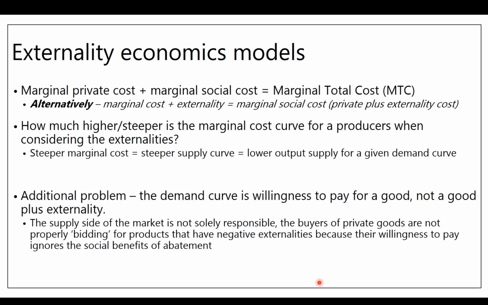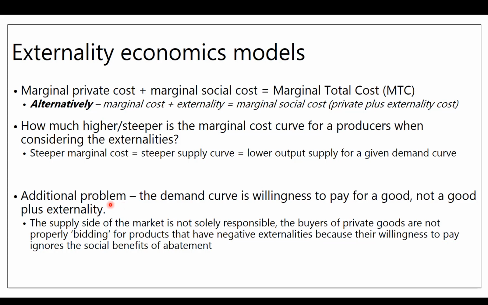The marginal cost curve in aggregate, when you add the social cost or the externality cost to it, will be steeper and up here. And so if there's a single demand curve going through all of that, you're going to be at a lower output level. Okay, so it's basically saying anywhere there's an externality that people don't want to exist, there's overproduction. That's the key.